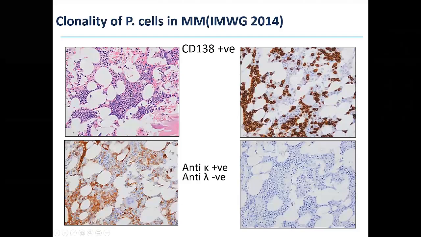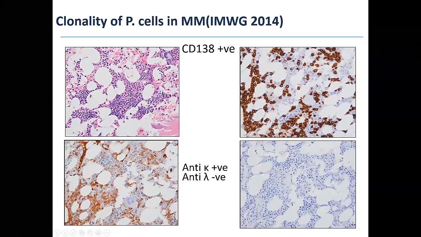Say these are the clusters of plasma cells on bone marrow trephine biopsy. So what we have done here is CD138. Now the two markers which we commonly use on flow as well as on immunohistochemistry are CD38 and CD138. Here you can see it is CD138, because we found that with CD138 the myeloma cells or the plasma cells are very well made out.